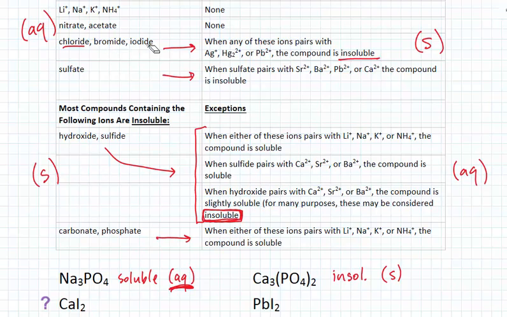Calcium iodide, here's iodide. Calcium is not an exception, so AQ. PbI2, that's lead 2 iodide. Here's iodide, but there's lead 2 right there, so it's an exception. It is solid.